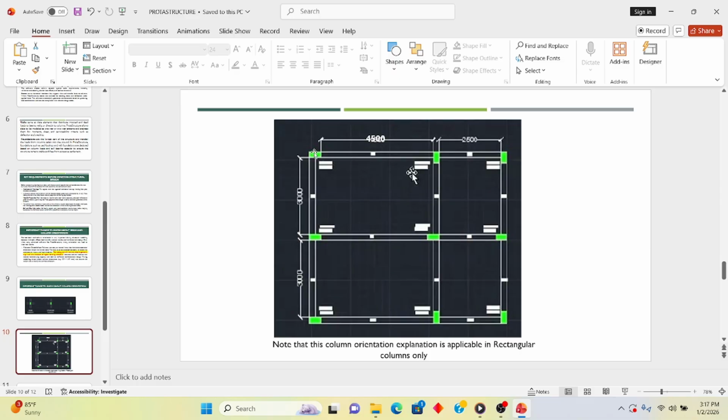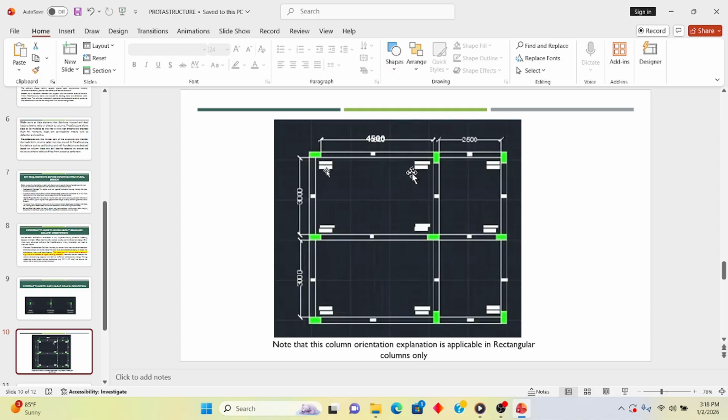If you look at this one now, you will see that this column is subjected to a load from this beam and also another load from this beam. So we can see that it is subjected to load in two directions. So we can consider this column as a biaxial column. Why? Because it is subjected to load in two directions. This column will be subjected to bending here and also bending here.